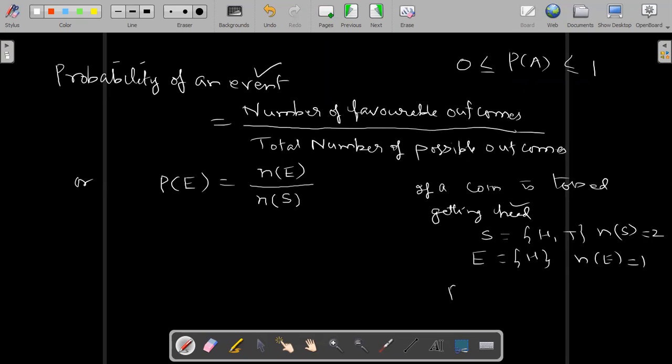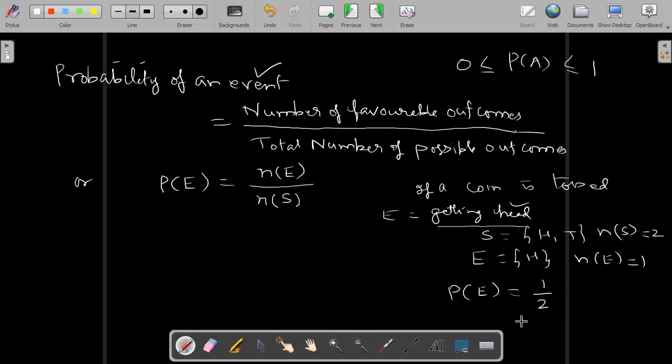Therefore, you have to define E: getting head is defined by the event E. So we can write probability of E, or instead of E we can also write getting head, is equal to the number of favorable cases upon the total number of cases, so 1 by 2.